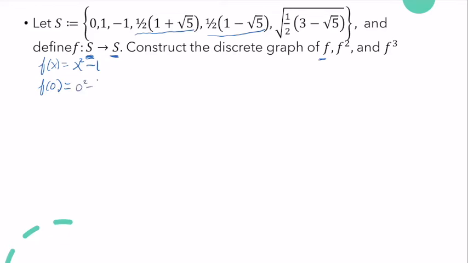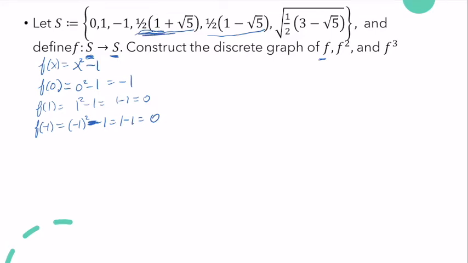So then f of 0 would be 0 squared minus 1, which is -1. f of 1 would be 1 squared minus 1, which is 1 minus 1, so 0. f of -1 is (-1) squared minus 1, which is 1 minus 1, which is also 0. Big shock there.